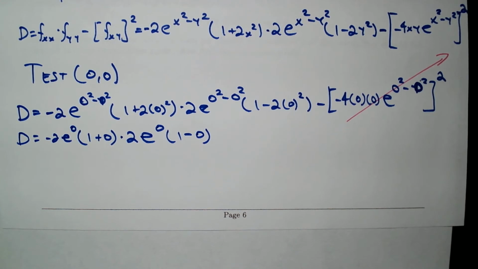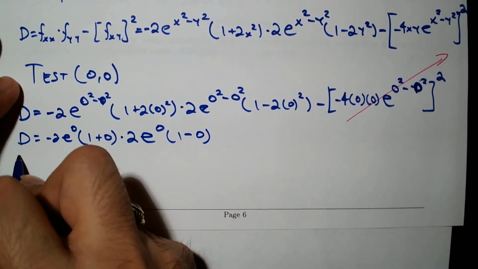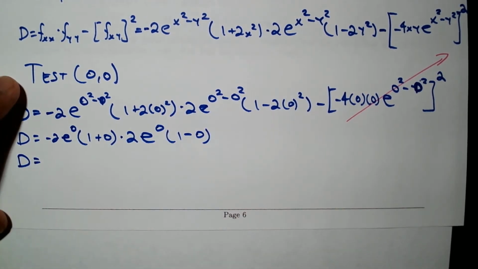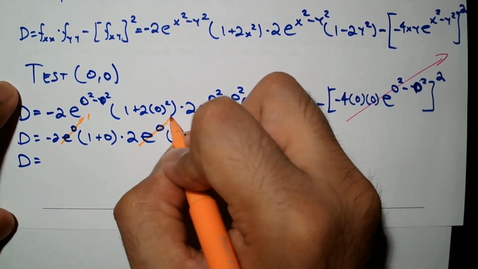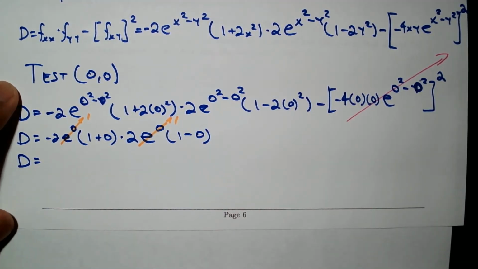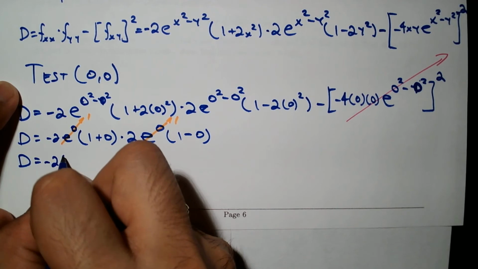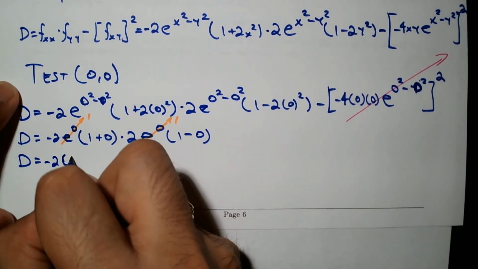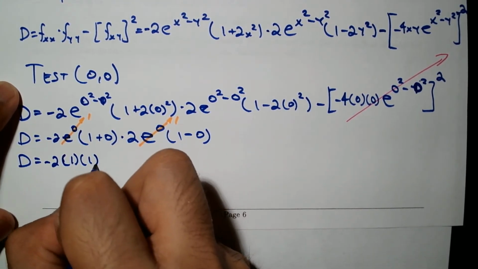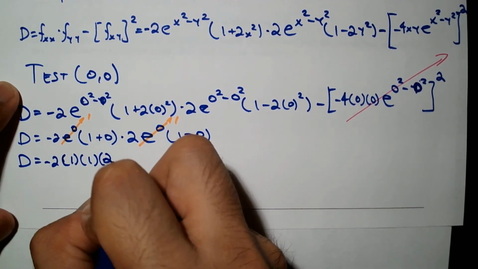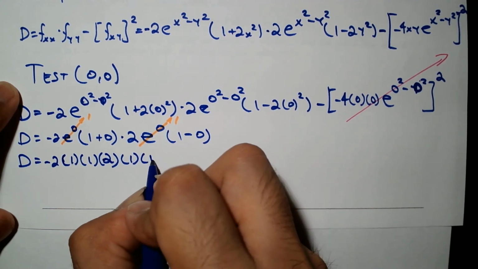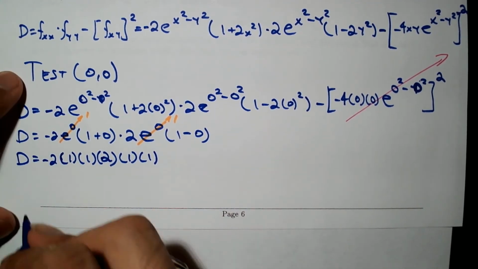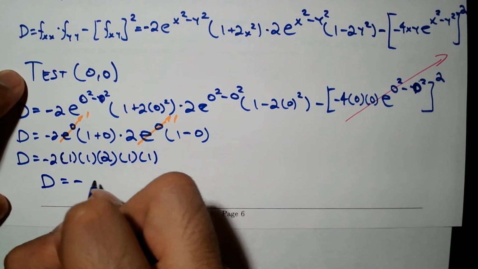And we are almost done with this calculation. So D will be, keep in mind that e to the 0 is 1, this is also 1. So we are going to get negative 2 times 1, 1 minus 0 is also 1, times 2 e to the 0, which is 1, and then 1 minus 0, which is also 1. Multiply all these numbers, we get that D equals negative 4.